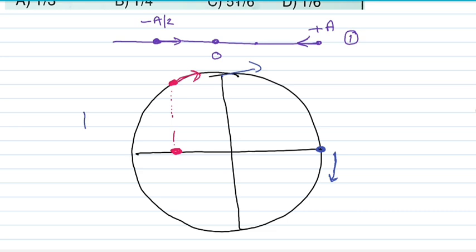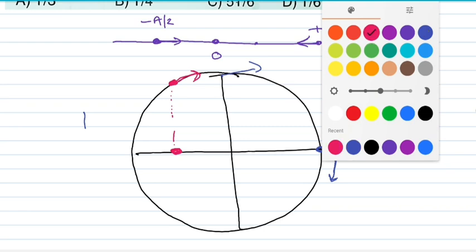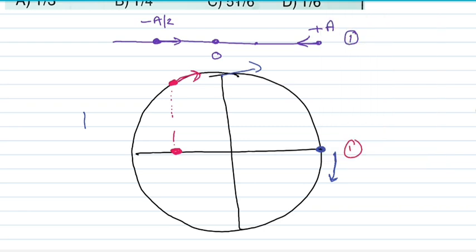First of all, we will find the initial angle made by the second particle. This one is the first particle and this one is the second particle. Let me draw a line from the origin to the second particle. Let this angle be theta. This value is A by 2, so here also the angle will be theta only.